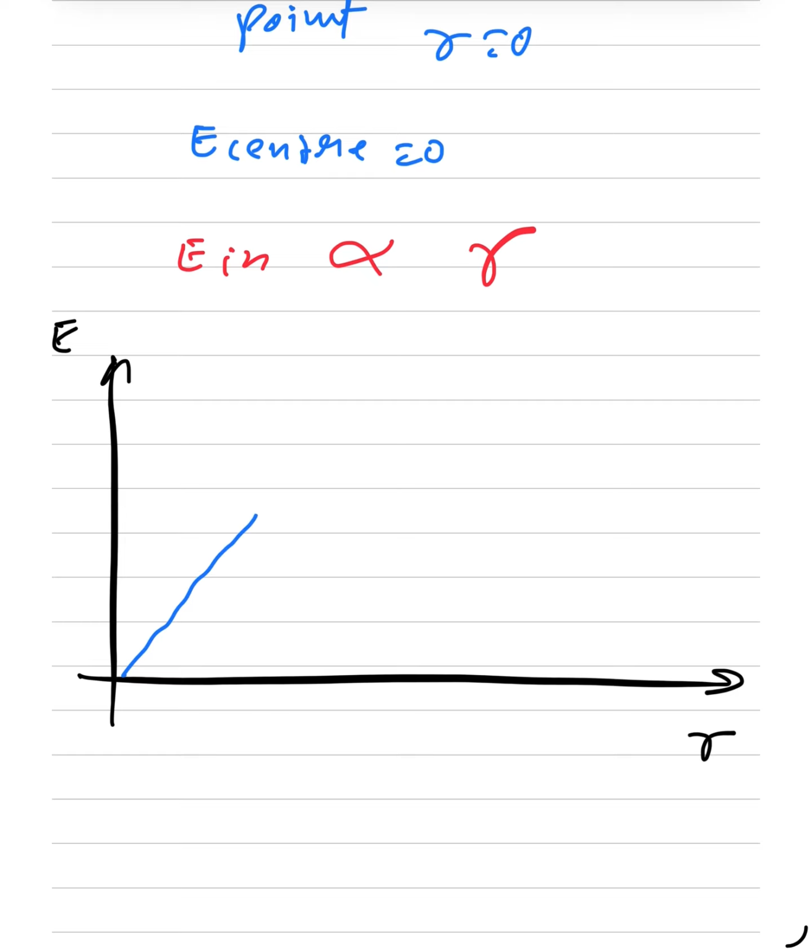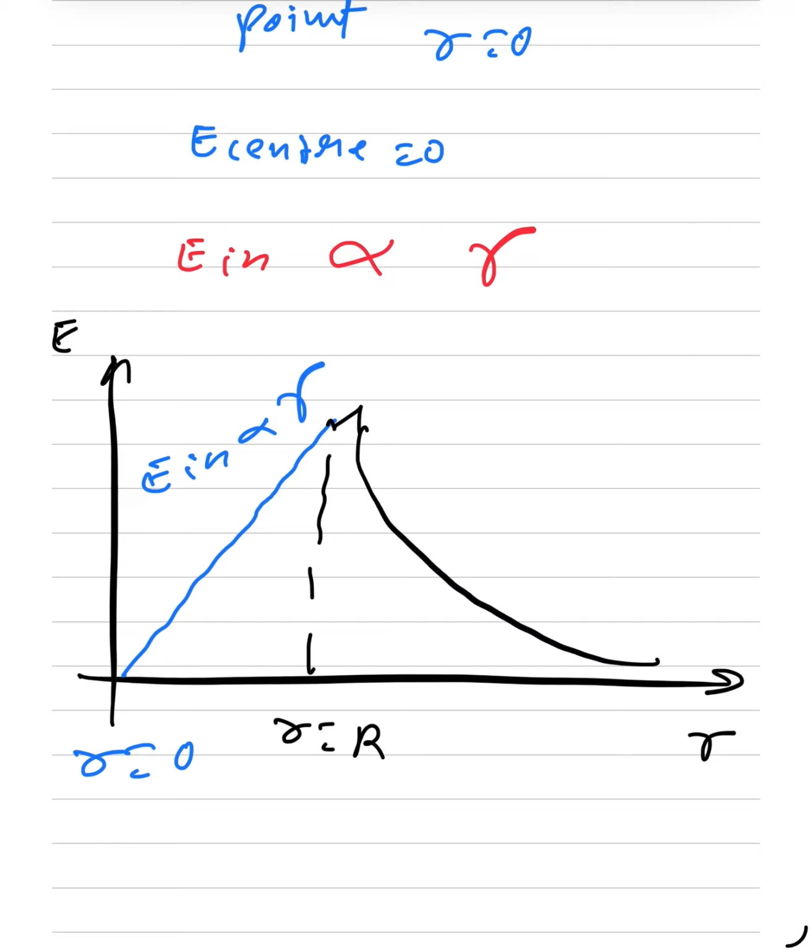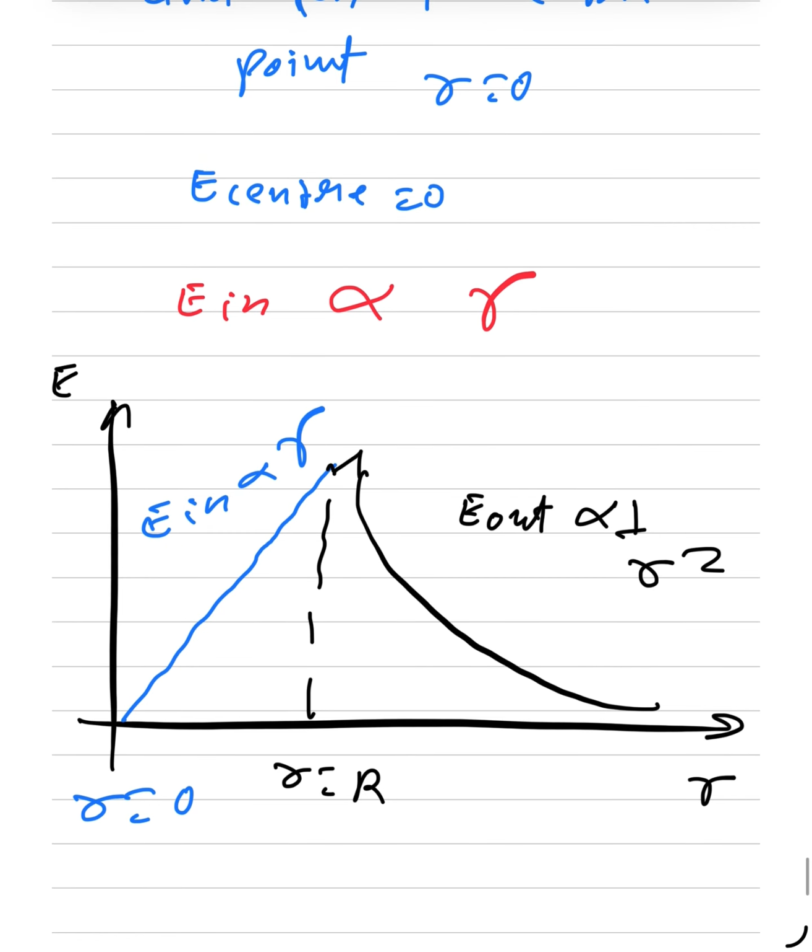The electric field from the center to the surface is directly proportional to r. This is the center point, and this is the surface point. Here small r equals capital R, and the graph goes like this: E out is inversely proportional to the square of the distance.